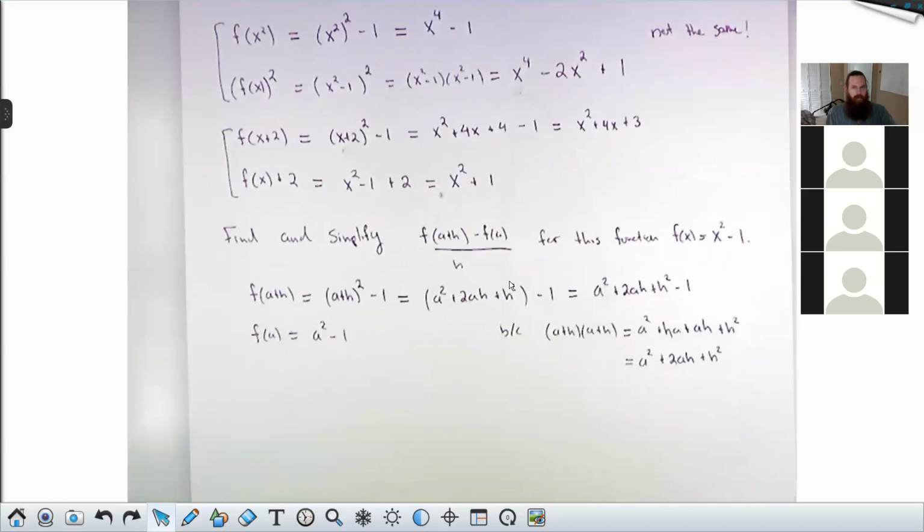So remember, the task at hand is to find and simplify this. So far I've got this guy and I've got this guy. So what's left to do is to subtract them. I have to take this, which is this, and then subtract this from it. And again, there's an individual symbol here representing things that have multiple pieces, so we'll want to put them in parentheses as we go to work with them.